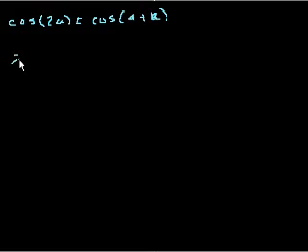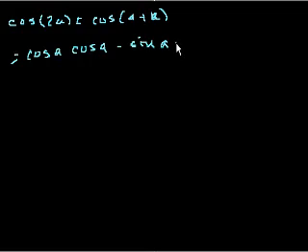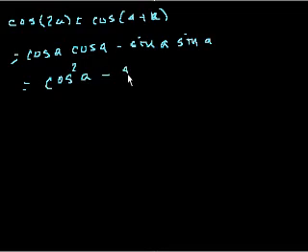So that equals cosine of a times cosine of a minus sine of a times sine of a. We saw this was the cosine of a plus b identity. So this is equal to cosine squared a minus sine squared a.